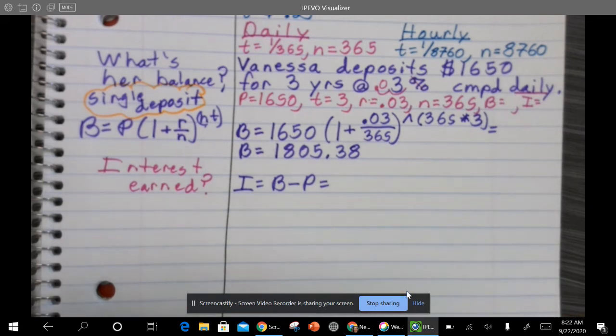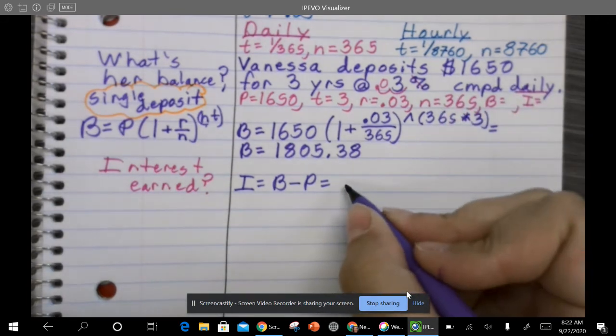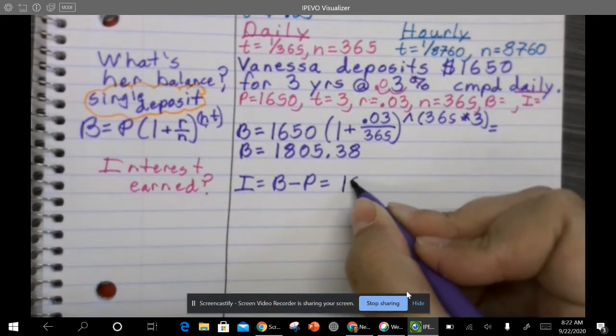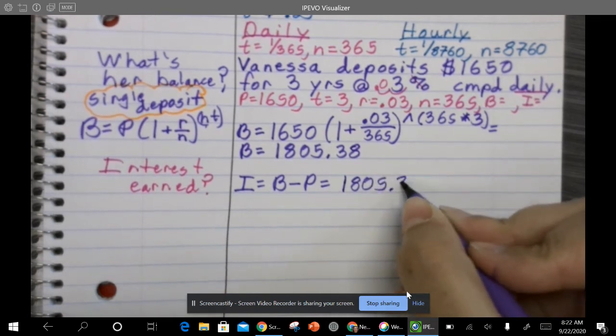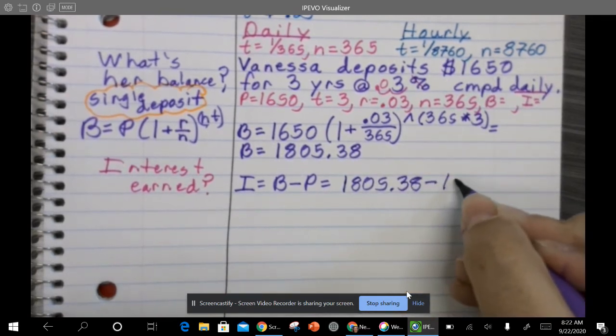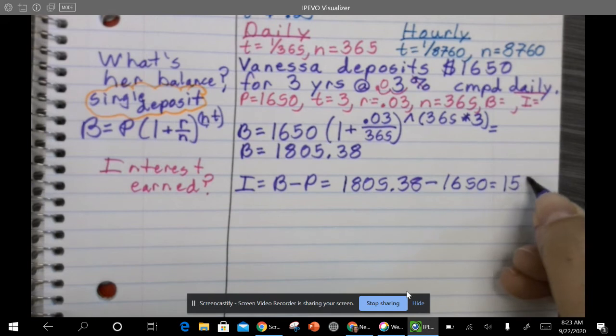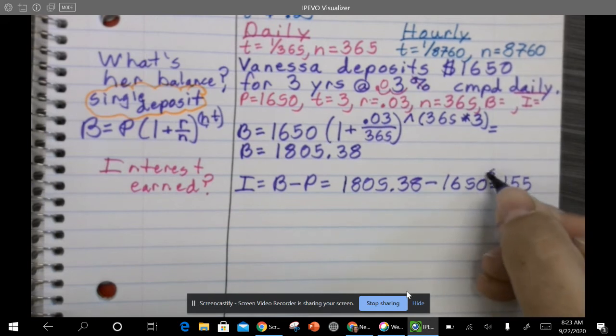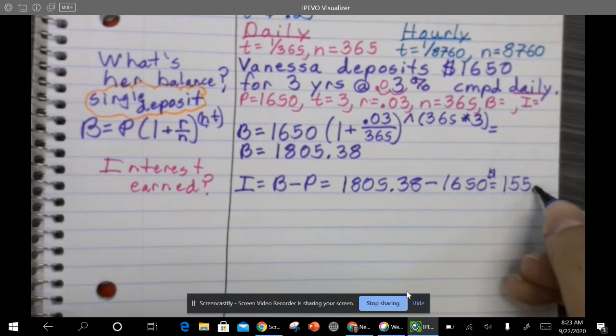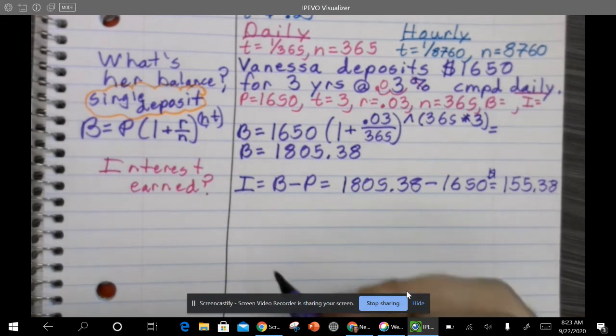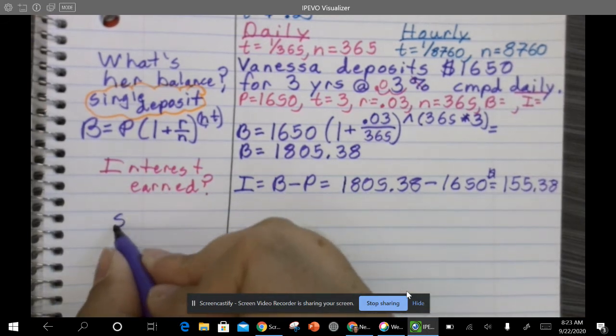It's going to be 1,805.38 minus 1,650. So Vanessa earned $155.38 in interest.